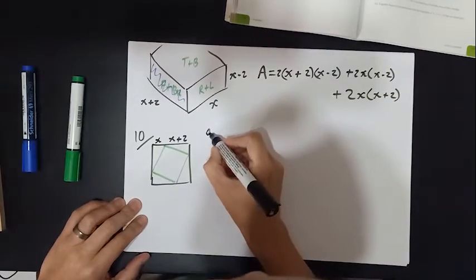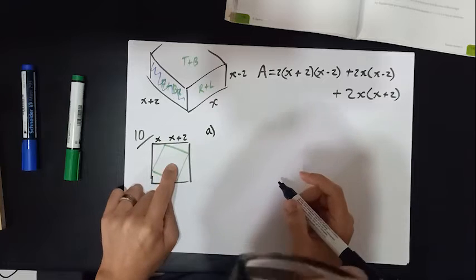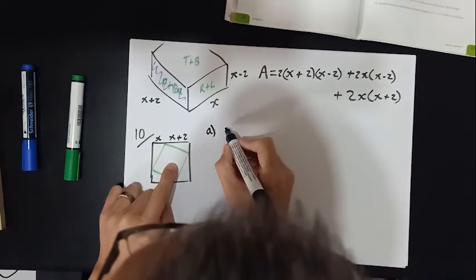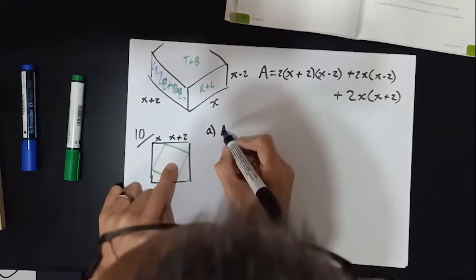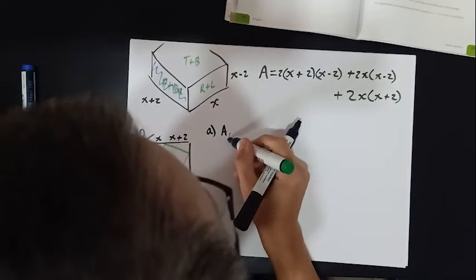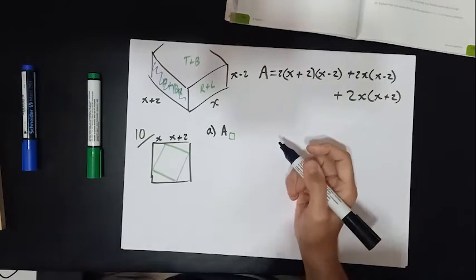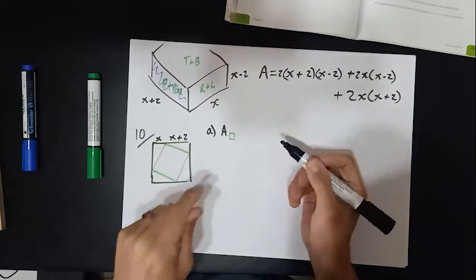So A, show that the area of the inner square is the area of the green square.